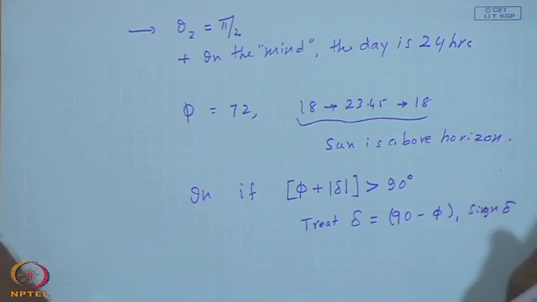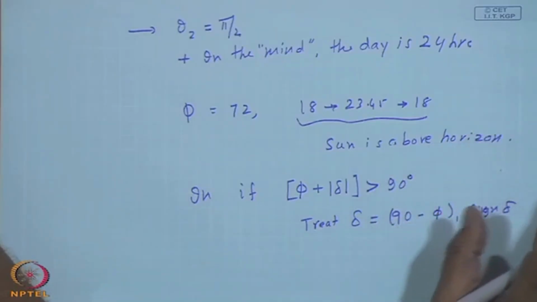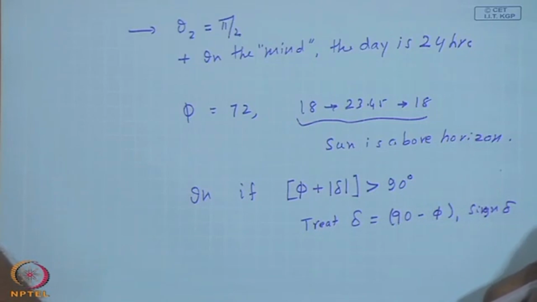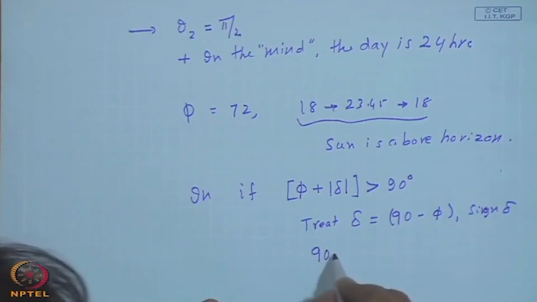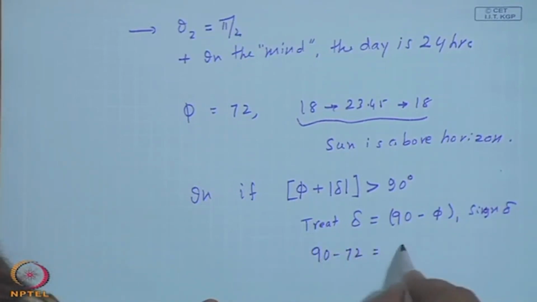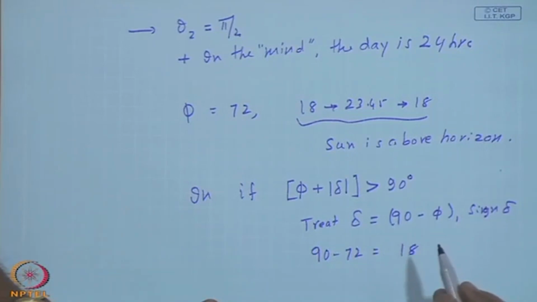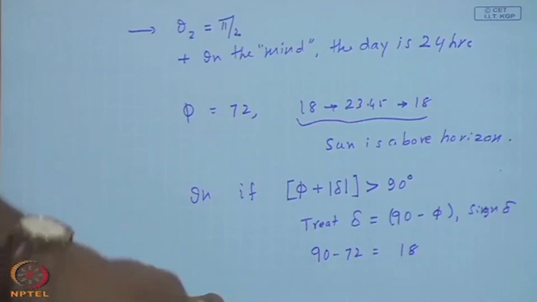So, you calculate 90 minus phi and treat the delta as equal to that number with the sign associated with the original delta. I think this is a computer language, sign delta times magnitude of 90 minus phi. In this case, if you have 90 minus 72, you will get 18. If it is originally minus 20 or plus 20, you use it as minus 18 or plus 18.